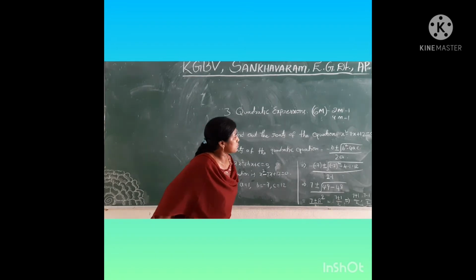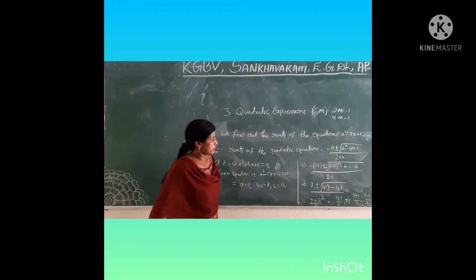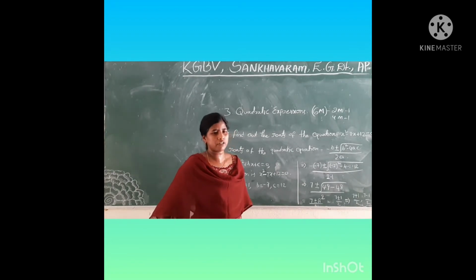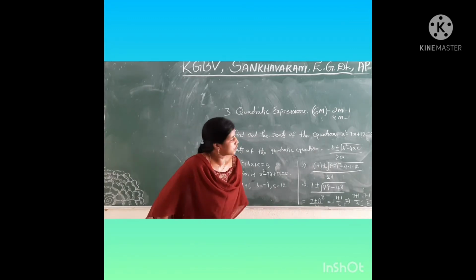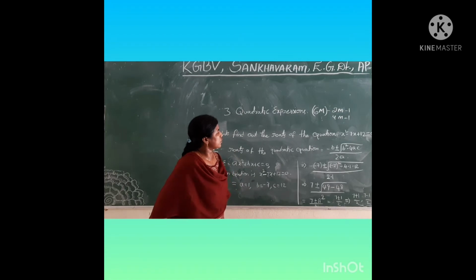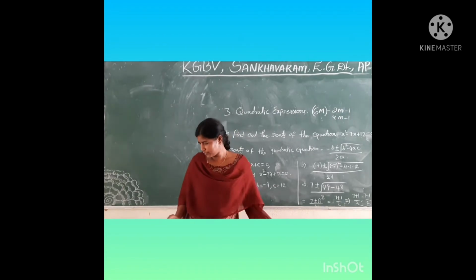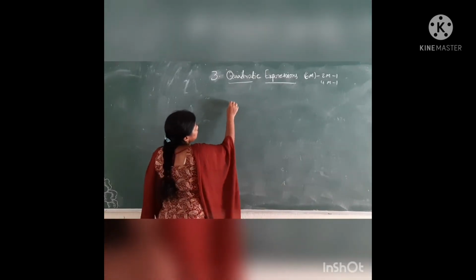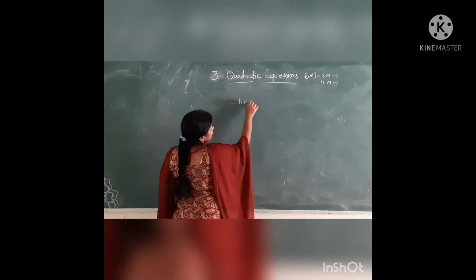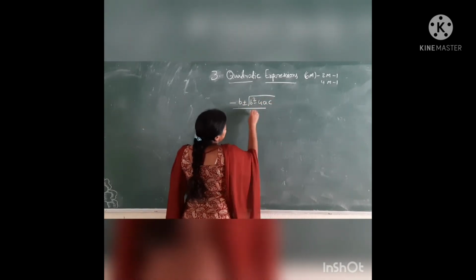And the roots of the equation are minus b plus or minus the root of b square minus 4ac, by 2a. And how many roots do we get in this equation? 2 roots. Okay, understand? Next we go through the general form of this equation. We discussed the roots of the equation: minus b plus or minus the root of b square minus 4ac, by 2a.